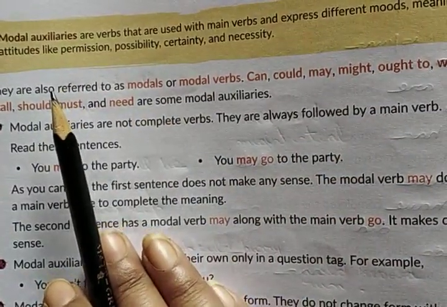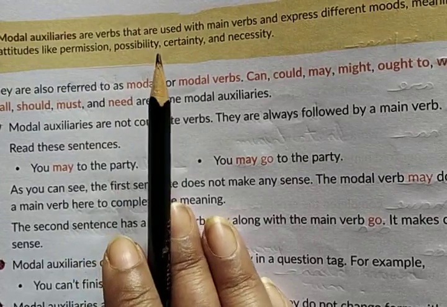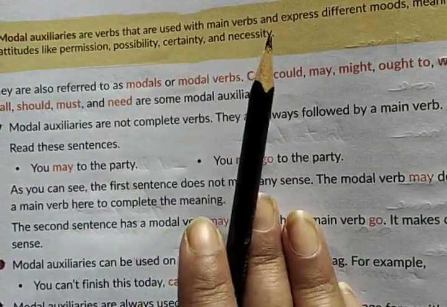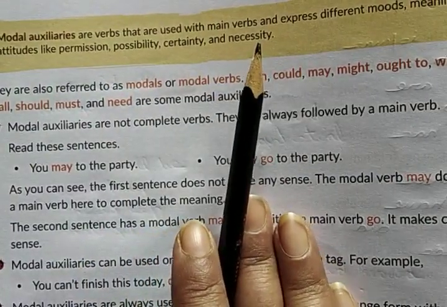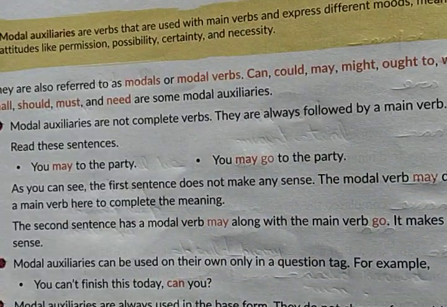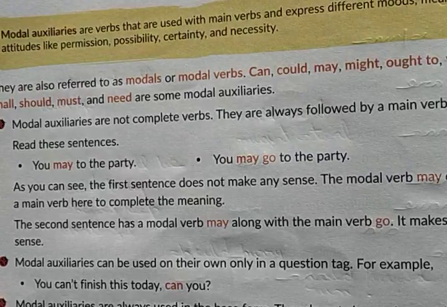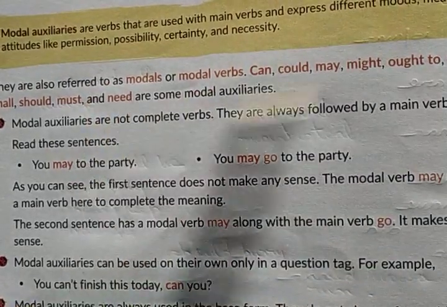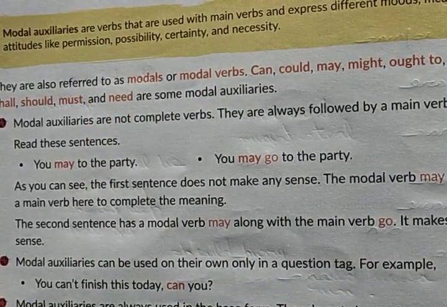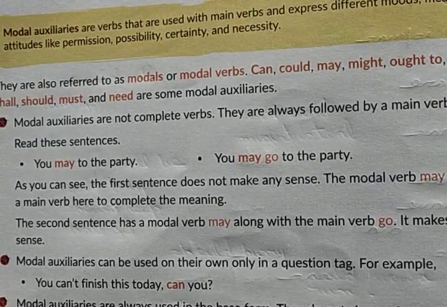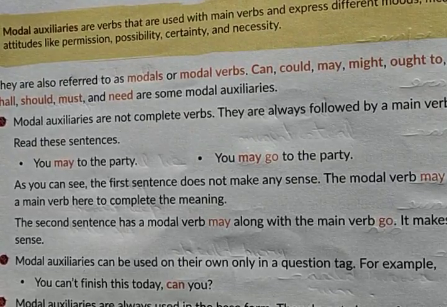Now, what are the attitudes? Like permission, possibility, certainty, and necessity. So, modal auxiliaries are verbs that are used with the main verb and express different moods, meanings, and attitudes like permission, possibility, ability, necessity, and certainty.